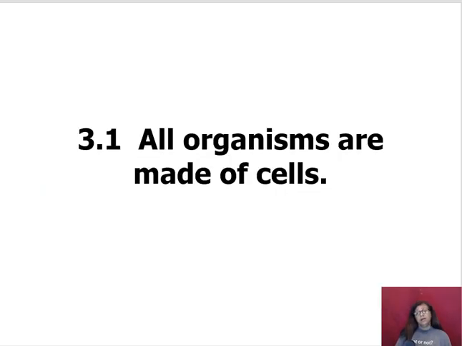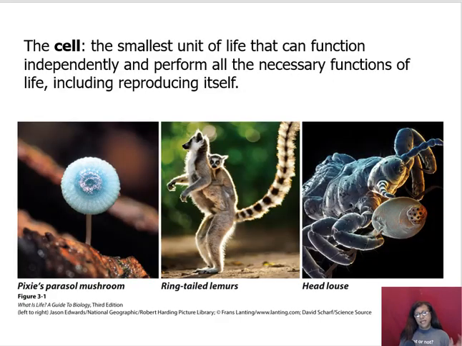So all organisms are made of cells. And the cell, this is a definition, you're going to have a lot of terminology in this lecture. The cell is the smallest unit of life that can function independently and perform all necessary functions of life, including reproducing itself.